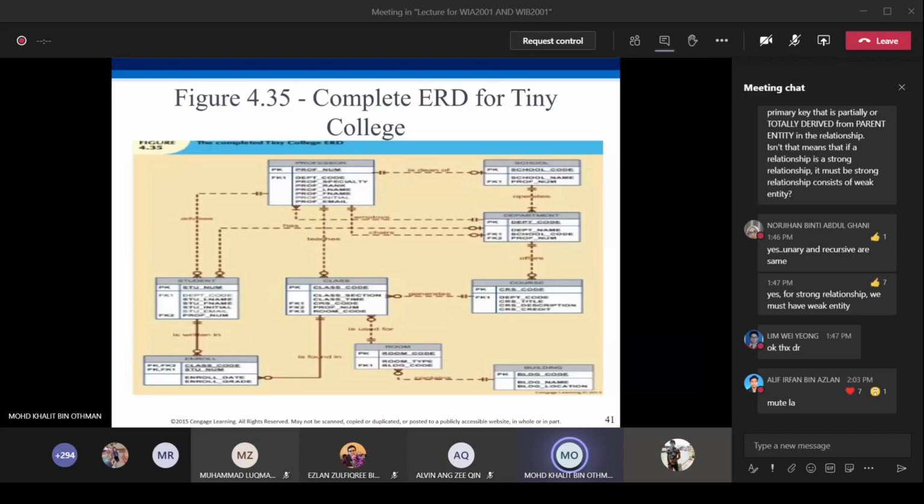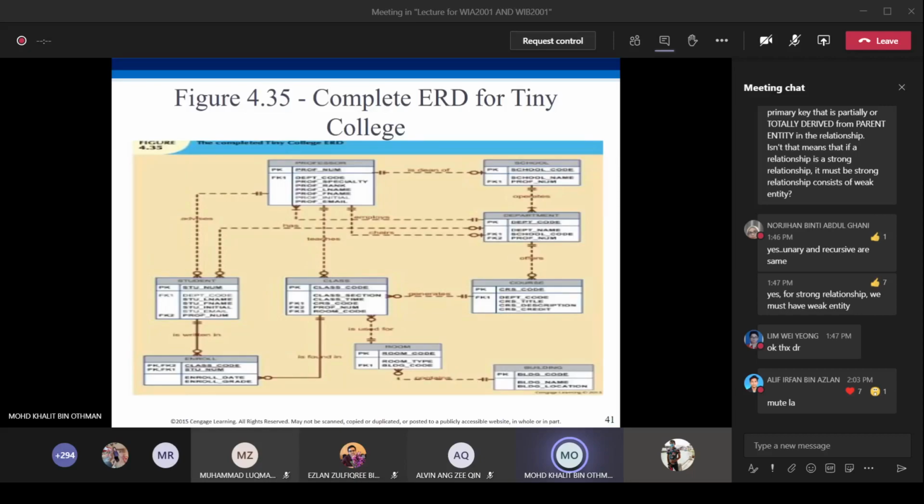Every business rule you develop has its own ERD. Let's say you have 9 business rules. From the 9 business rules, you identify what is the entity and what is the relationship in each business rule, and the cardinality, and then you develop the ERD for each business rule.